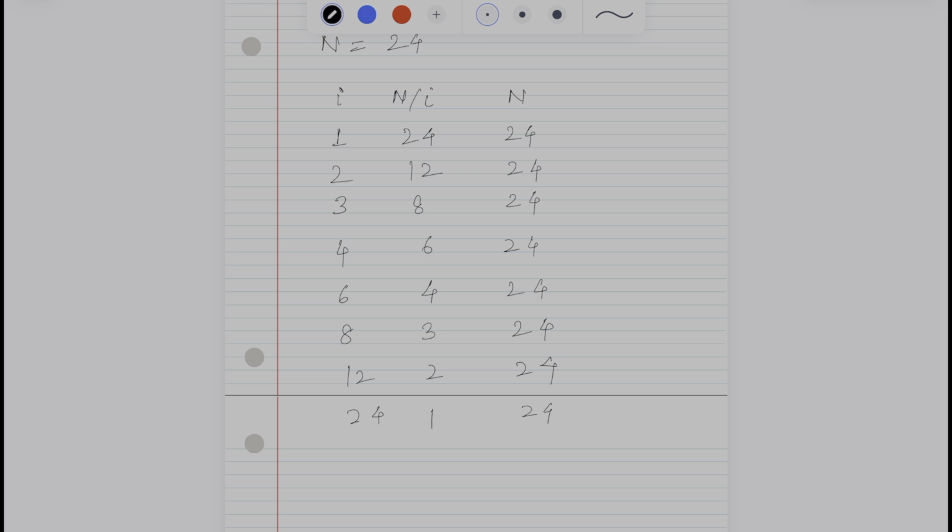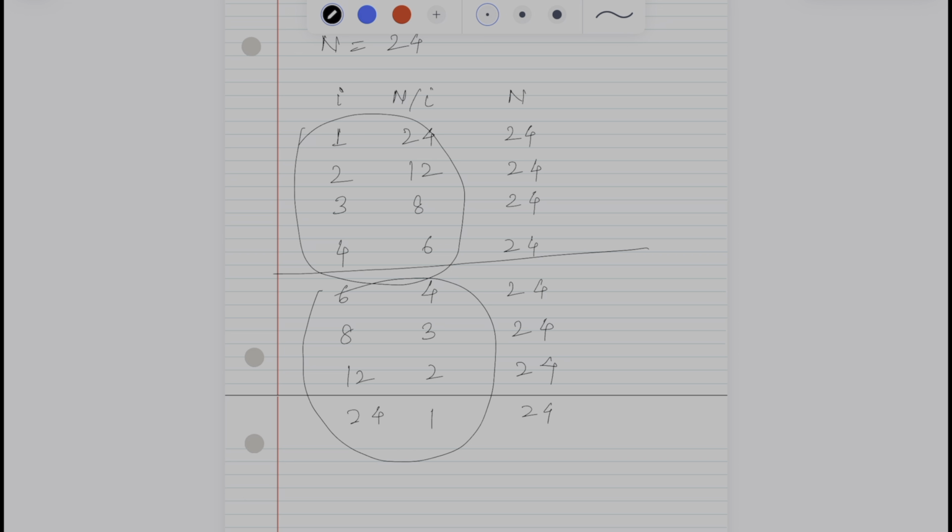If we look closely here, we see that 1, 2, 3, 4 is repeated again after this. So when we check how many factors there are for 24, we can see that after a particular value, the factors keep getting repeated.